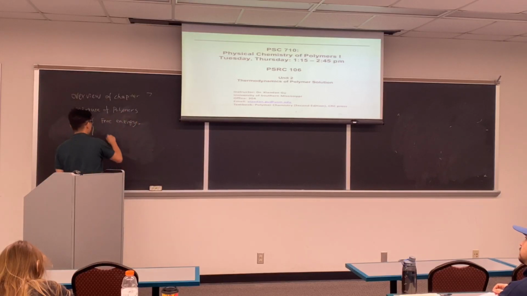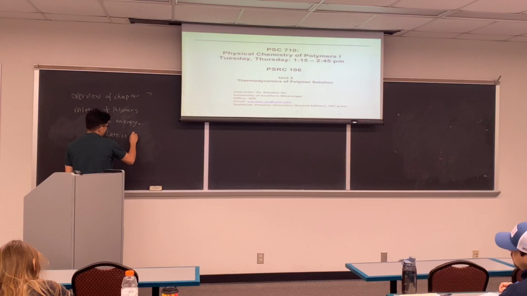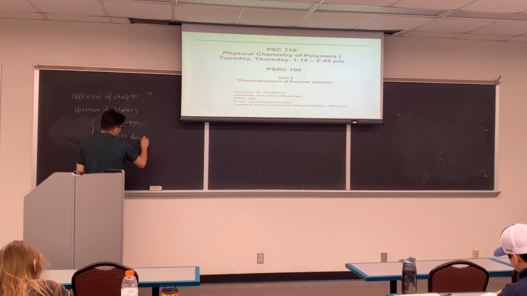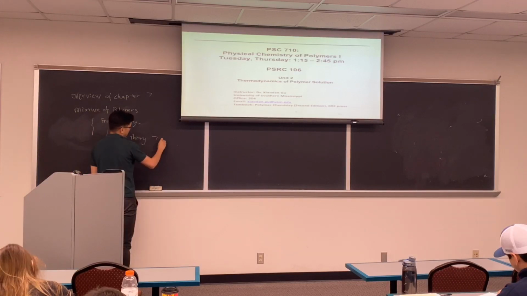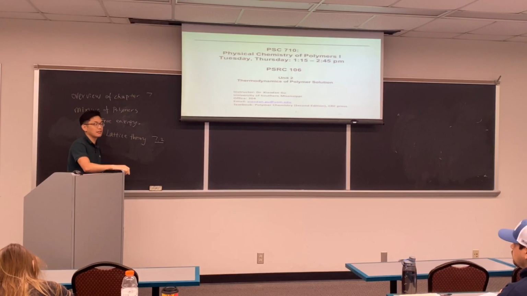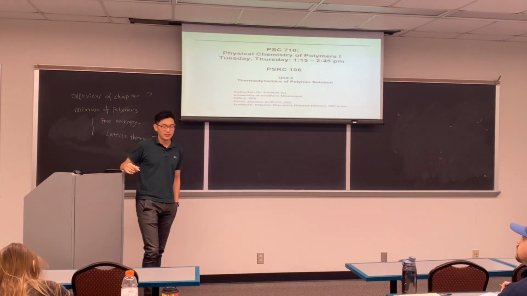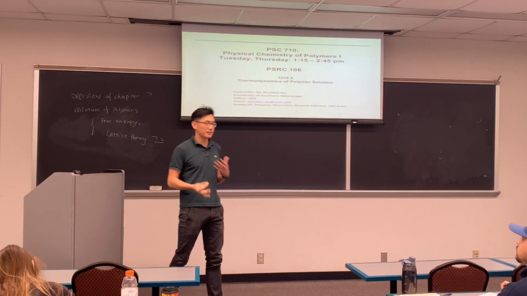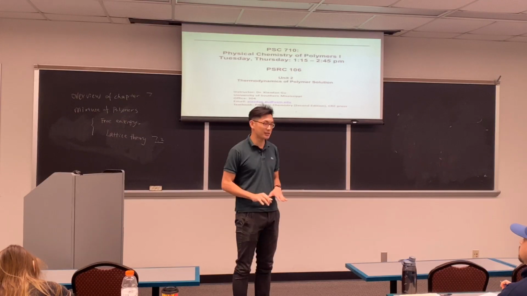So we can start by talking about lattice theory. That would be chapter 7.2, which is generally lattice theory. This lattice theory will tell us if your material would mix or not, if they're small molecules. We're going to start with easy.